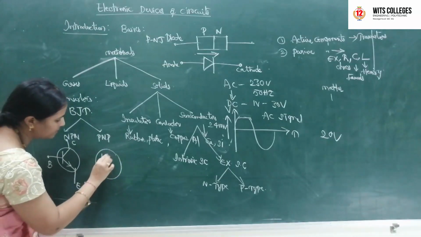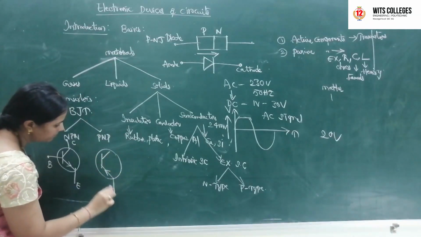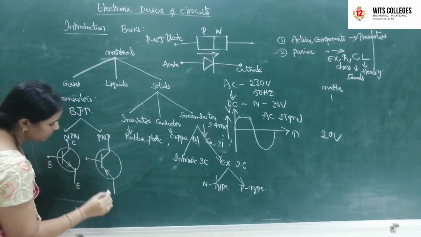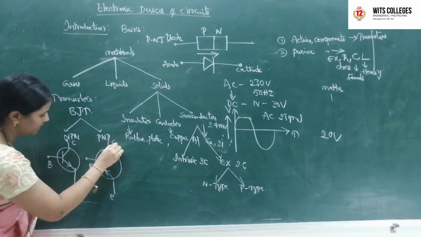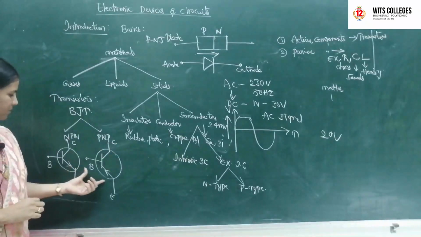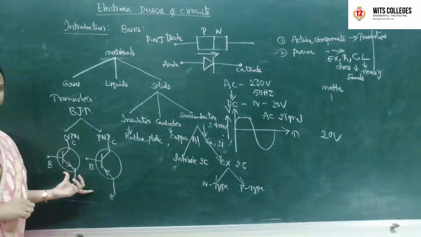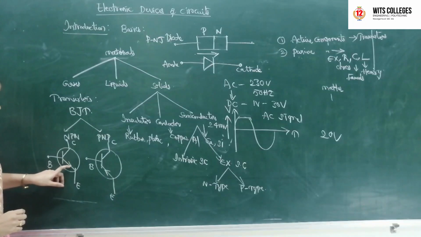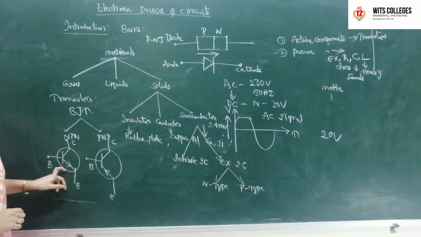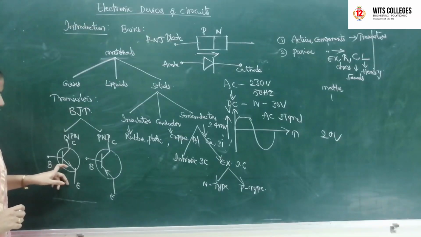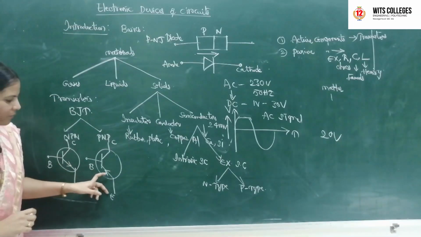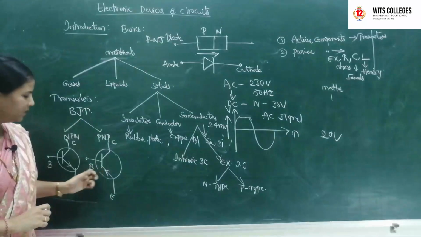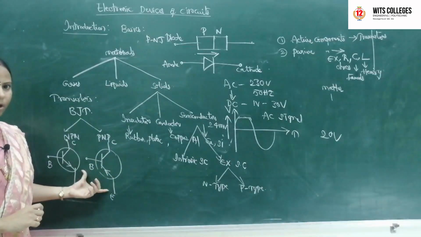Coming to the PNP transistor symbol, this is emitter, base, collector. In these two symbols there is a difference. What is that? In NPN transistor the arrow mark at the emitter terminal is outside. That means the arrow mark indicates the flow of current outside here, and here the flow of current inside. These are the circuit symbols.